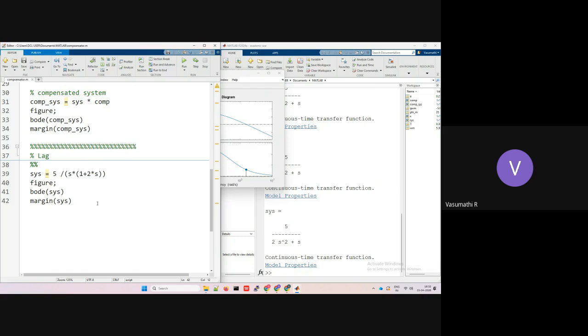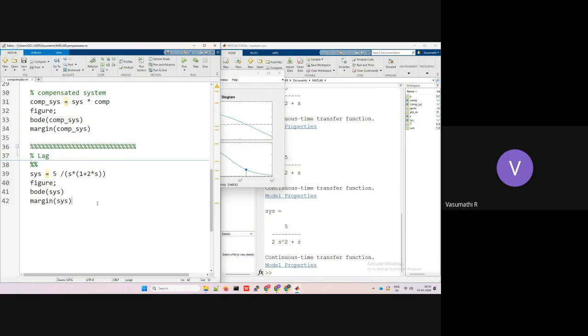For example, in the previous example, the gain crossover frequency should be less than 7.5. That's what the second requirement is, right? If you would have used the lead compensator there, the gain crossover frequency would have been greater than 7.5. So that second criterion won't be matched. That's how you choose whether to use lead or lag.